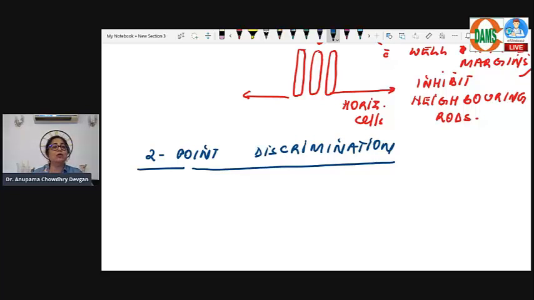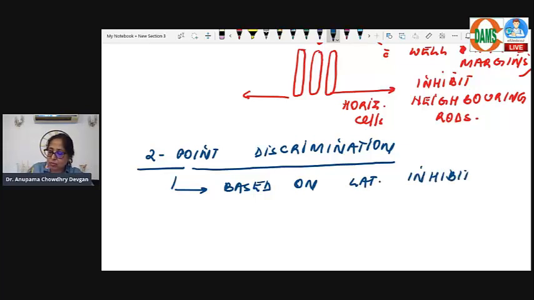You excite two points on the skin simultaneously, and your ability to feel them as two separate points is known as two-point discrimination. This phenomenon is also based on lateral inhibition.